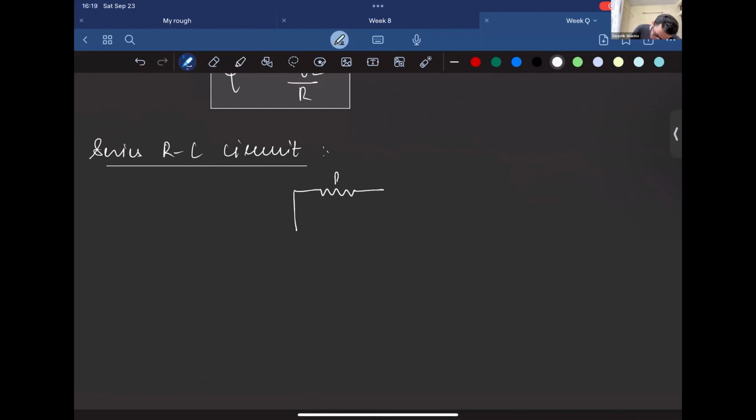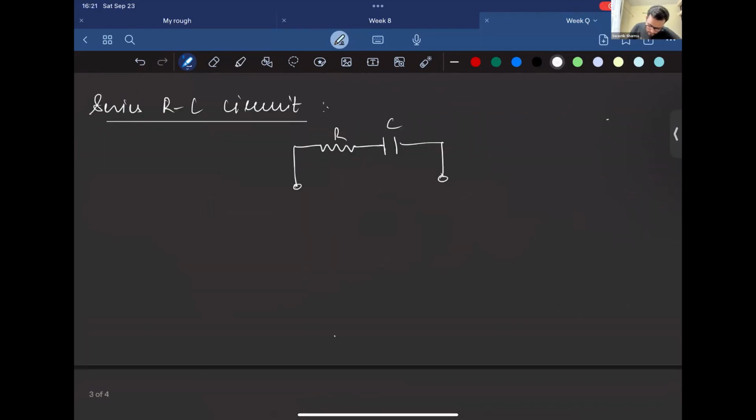So we have a resistance in series with a capacitance. Energy stored per cycle, sorry, maximum energy stored, it's half C V max square, right?